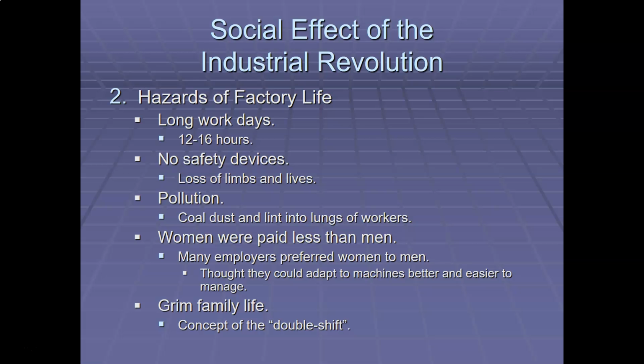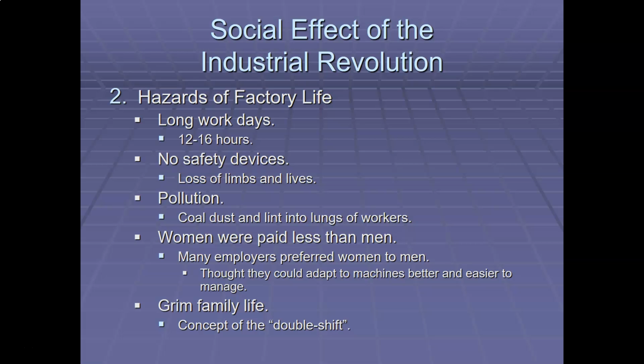There's pollution. You start seeing coal dust and other things getting into the air, and it gets into the lungs of workers. So you start seeing disease become an issue and breathing problems. Women are paid less than men, so the wage gaps are there, and children are also paid less than men.